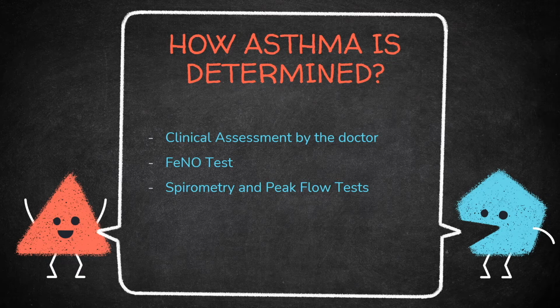This test detects nitric oxide levels in breath, which may indicate that an inflammation is going on. And they may also conduct tests such as spirometry and peak flow studies.